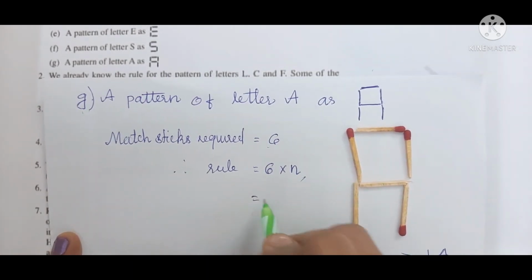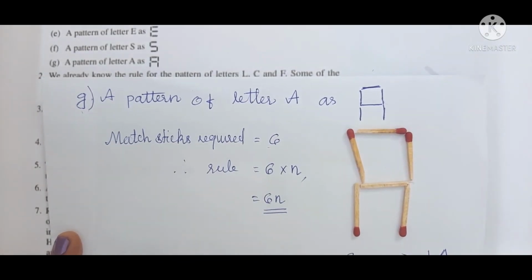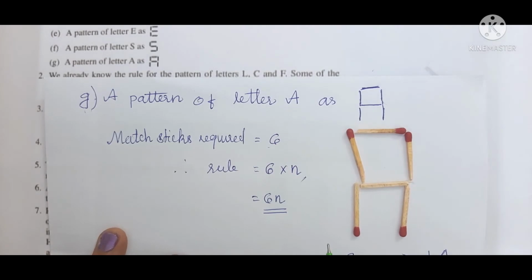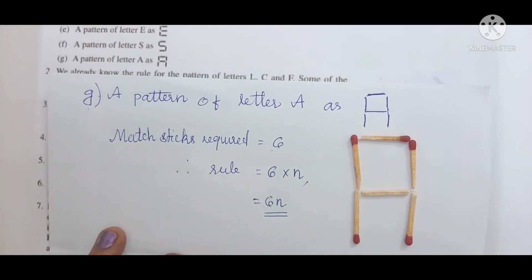So the rule will be 6n. The main part of the question is that we find the number of matchsticks for making each letter. That is the main thing for making a rule. Okay. So we finished the first question from exercise number 11.1.